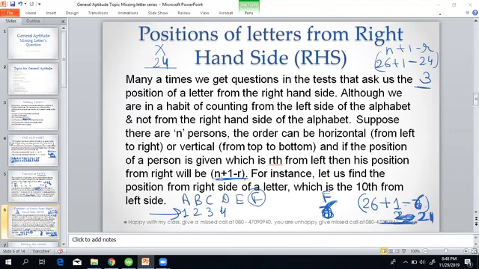Right hand side means Z, Y, X, W, V, like this.